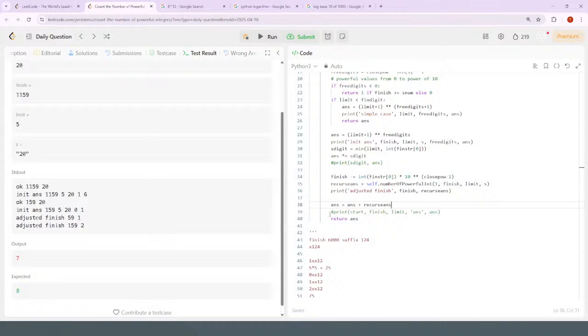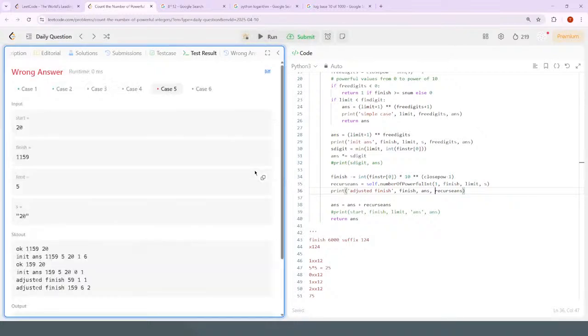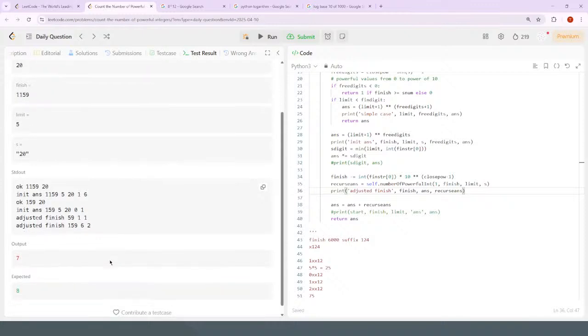Adjusted finish should be 2. The recursive answer there was 2. So 2 plus 6? Was the answer originally 5? Okay, so how did I get 6 plus 2 is 8?